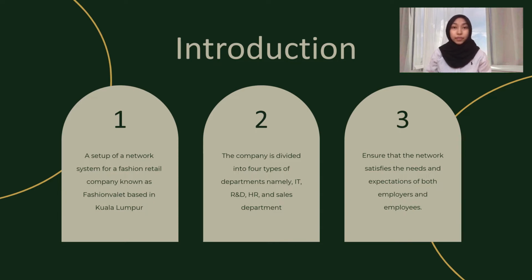The purpose of this project is to create and provide a practical network system design that is suitable for a small fashion retail company. The target here is to ensure that the network satisfies the needs and expectations of both employers and employees of the company in terms of transmitting data and information accurately from one device to another without any error.